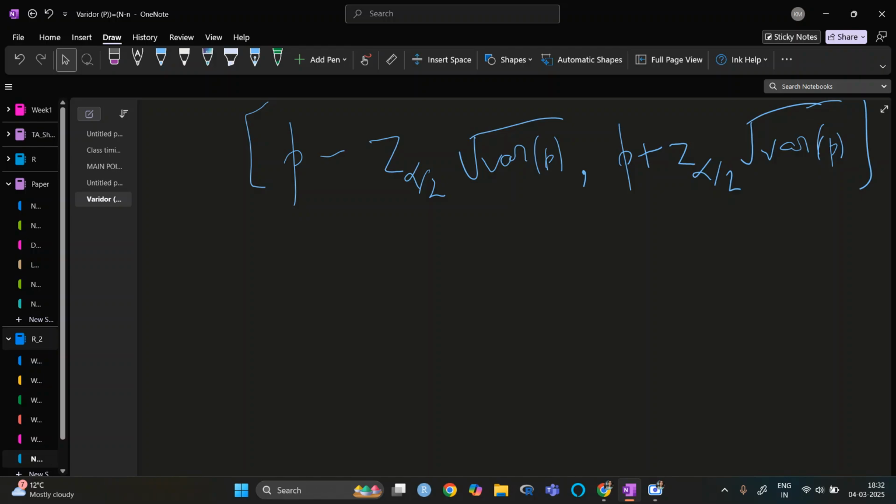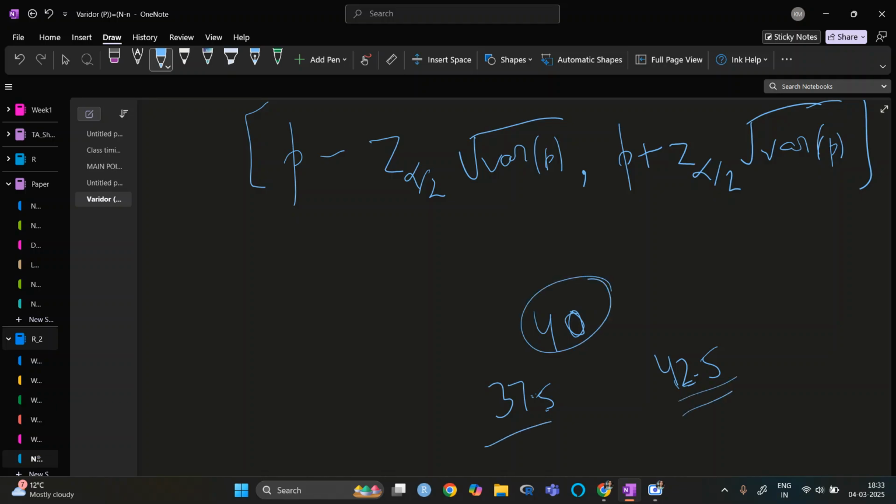Let's say in the confidence interval it came as 37.5 to 42.5.